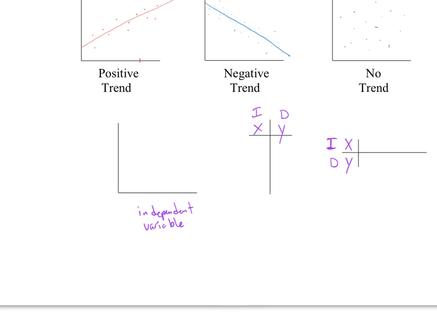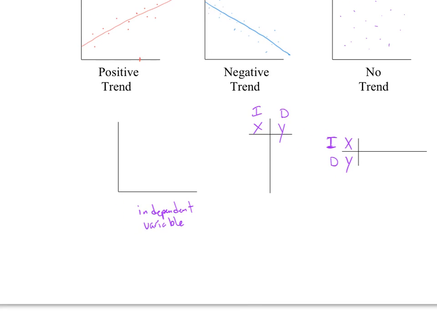And the dependent would go on the y. So the dependent depends on what happens with the x. So your x always comes first because that is controlling what happens with the y. So you got your x and your y there on your axes.